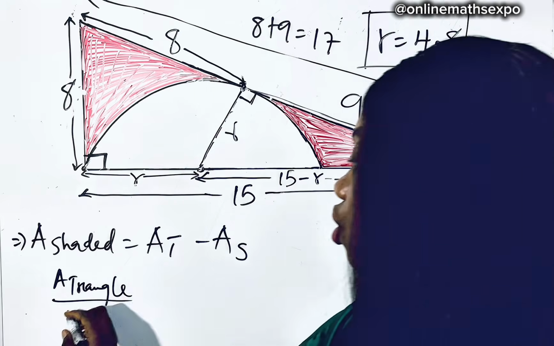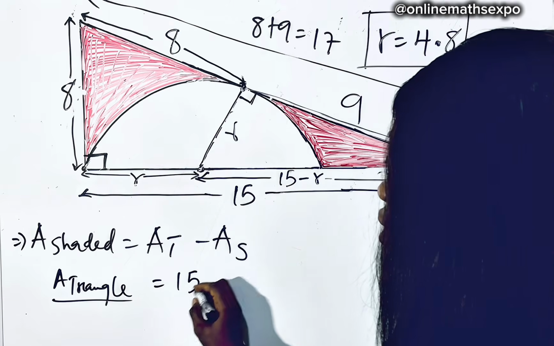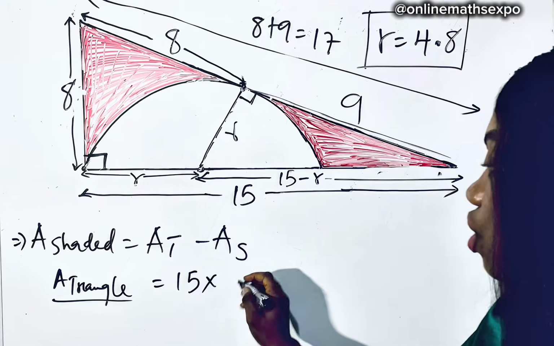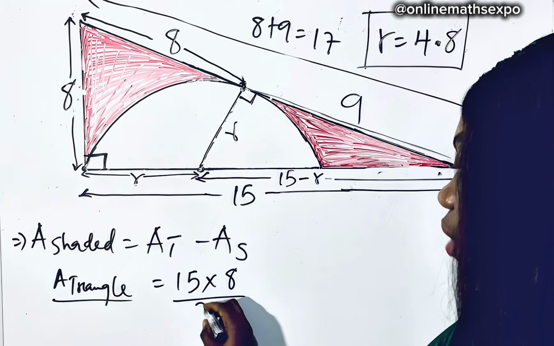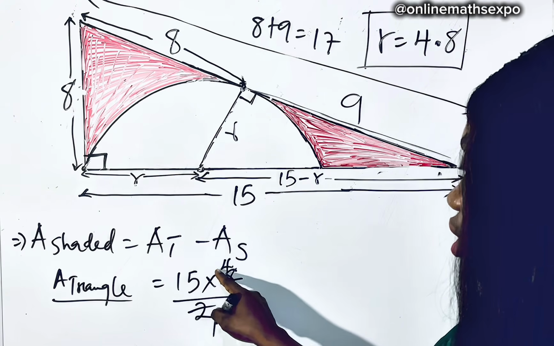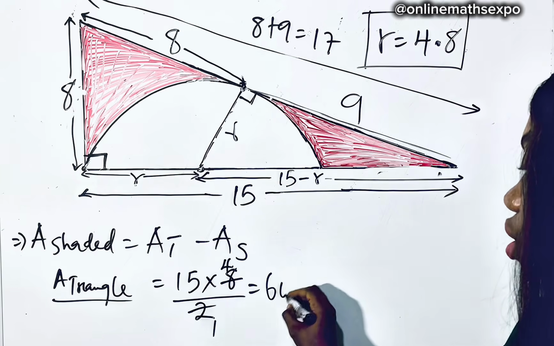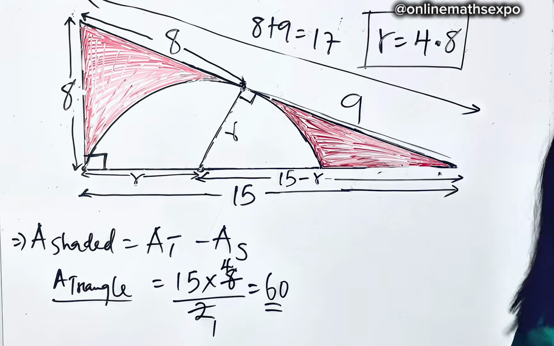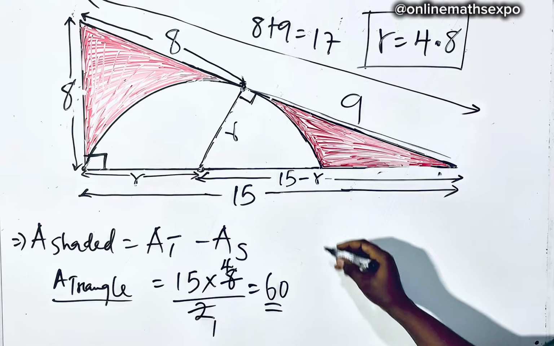The base is 15, so we have 15 times the height, which is 8, divided by 2. 2 divides this 4, and 15 times 4 gives us 60. So the area of the triangle is 60 square units.